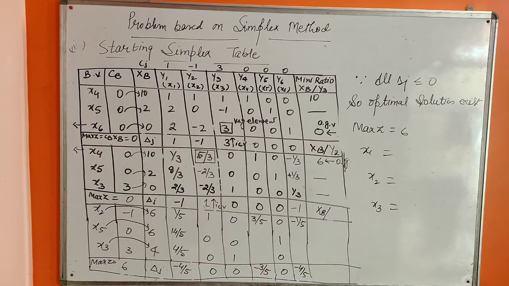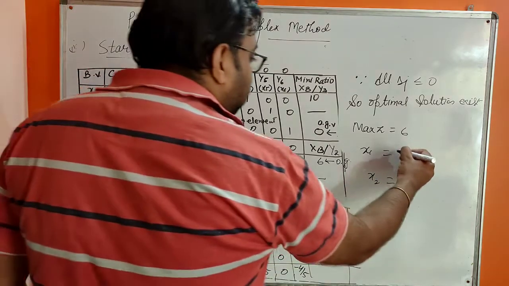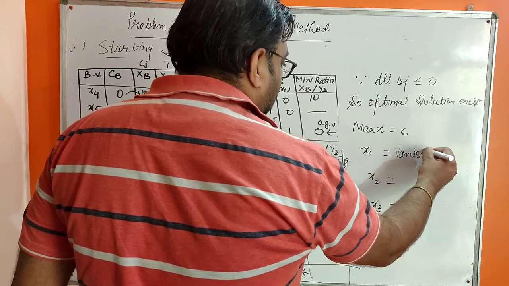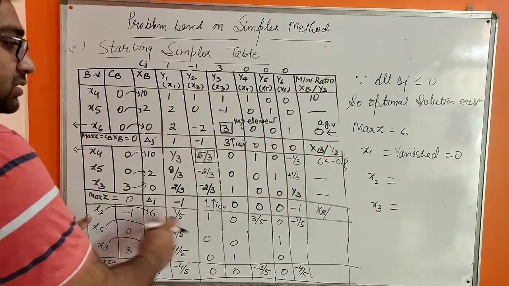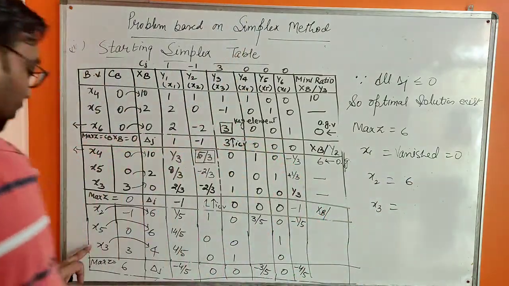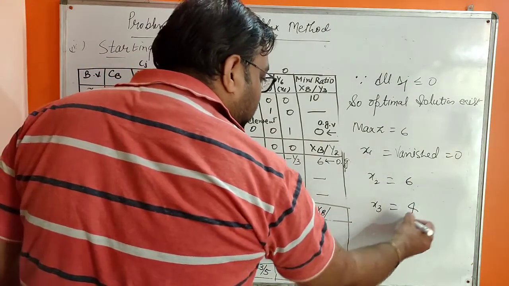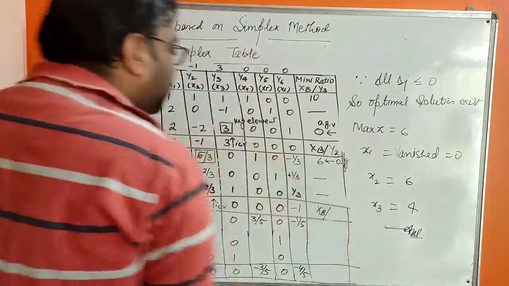We have to write the value of only the original variables which are given in the original problem. So the value of x1 is not arising here, so the value of x1 is vanished, or this is equal to 0. The value of x2 is 6 and the value of x3 is 4. So this is the complete solution of this problem.